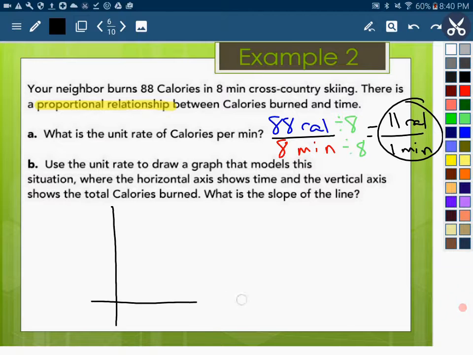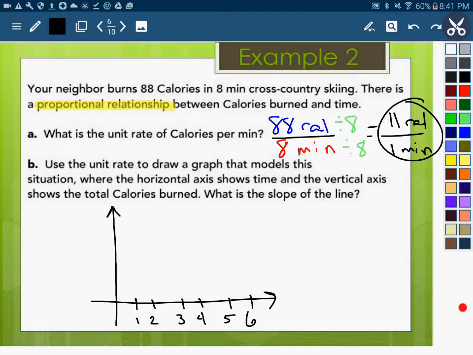Here's the first quadrant. Okay, we want to be in the first quadrant because negatives don't really make sense for time and calories burned. And I'm also going to just put some tick marks on here and label them by 1s. Now, I know the tick marks aren't perfectly spaced, but that's okay. Again, I'm just drawing a sketch of this graph so that we can see the main idea of it.